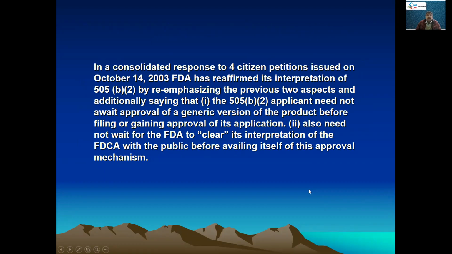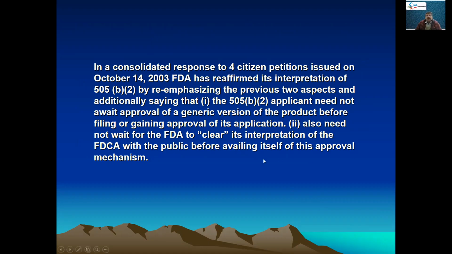When this 505(b)(2) process was started by the US FDA, there was a lot of protest and resistance from the innovator companies, and they had filed a number of petitions or court cases to stop this process.